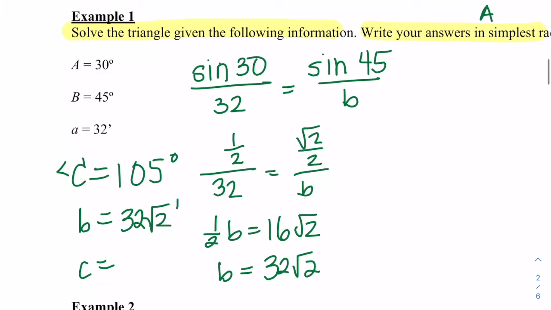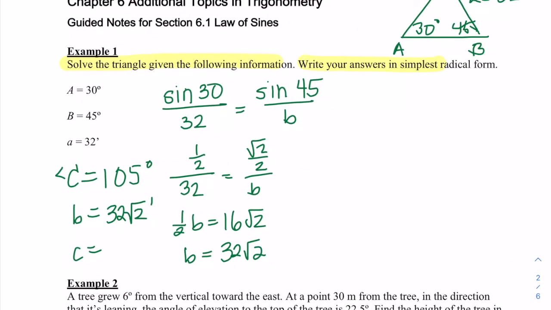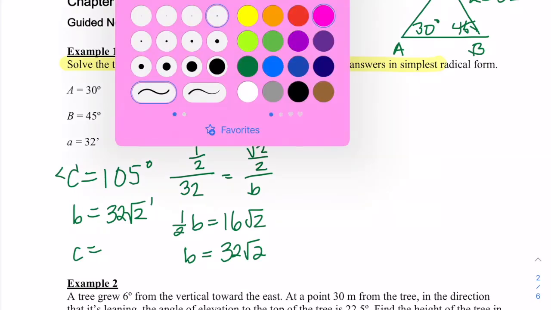Now let's solve for side C. We know that the angle opposite side C is 105. We figured that out. I'm going to use a different color so we can see it clearly.